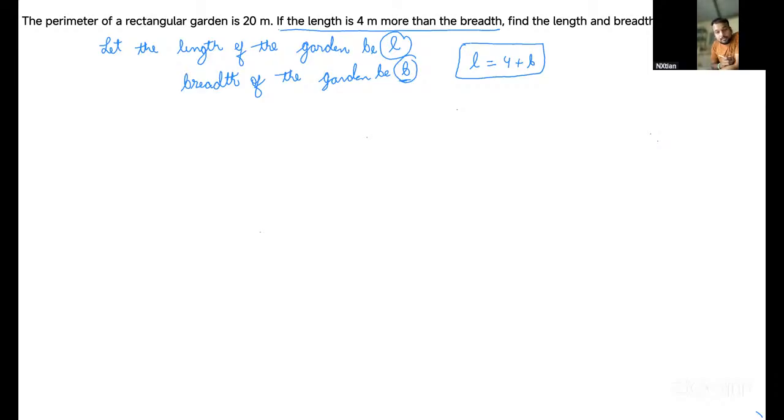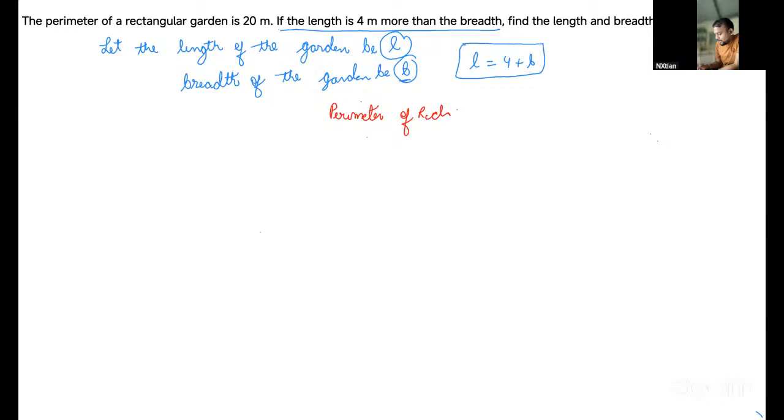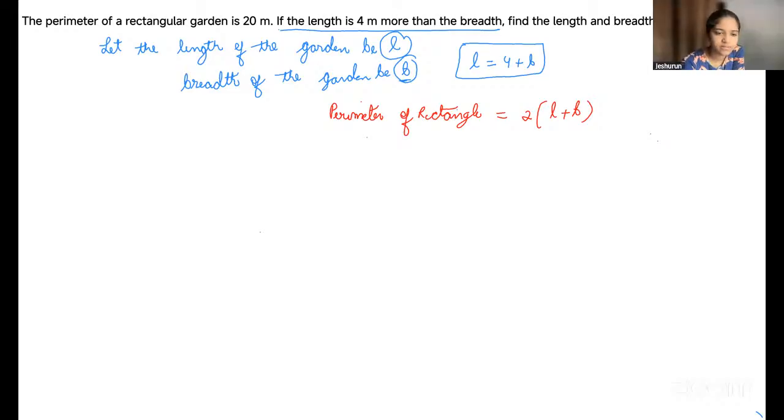Did you understand? Yes. Now, Joshua, what is the perimeter of a rectangular garden? 2 into L plus B. Now, Joshua, what will we do?